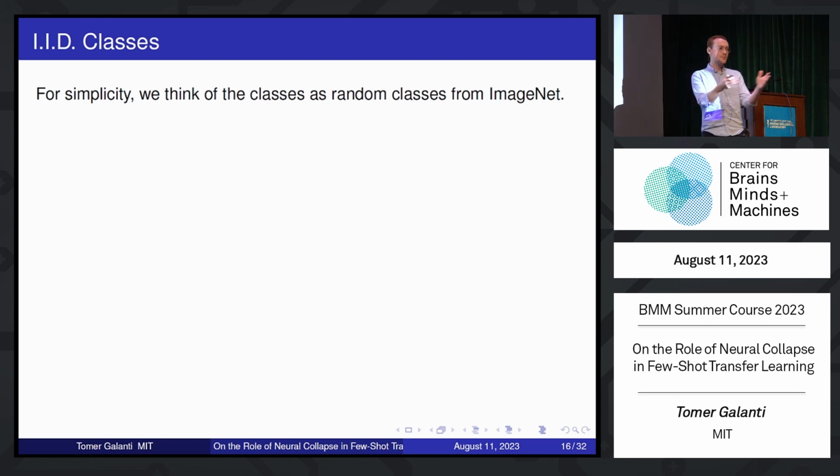So we have some distribution over classes, and the source classes and the target classes are sampled from the same distribution, okay? Intuitively, we could think of them as random classes from an ImageNet-like data set with a lot of classes. We have 20,000 classes. We generated 1,000 of them for training, and now we receive 5 more for evaluating the performance on a new task.